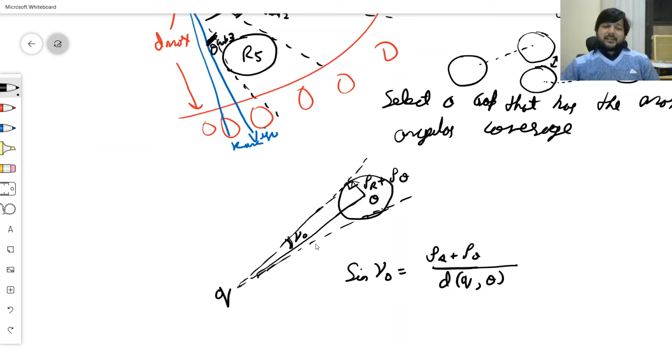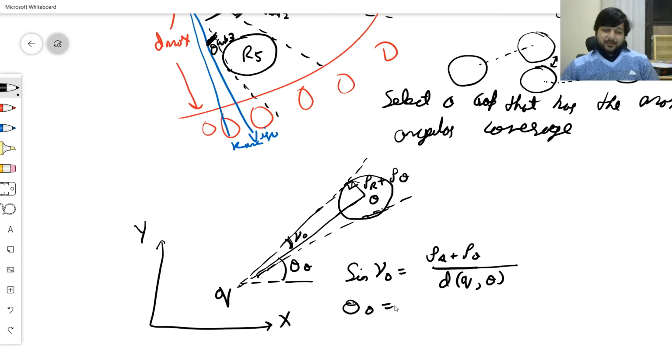So that's how I get this angle, and then I have, this is my coordinate system, which is xy. So this angle is theta O. So I say theta O is equal to a tan 2 of OY minus QY, OX minus QX. So the angular coverage of this is, let's say, theta OL to theta OR.